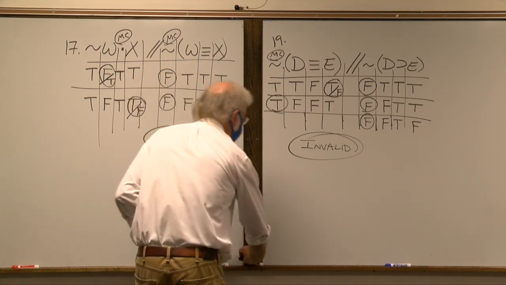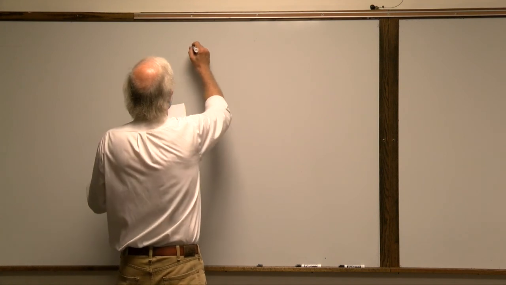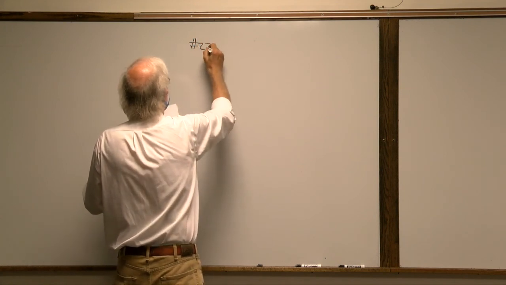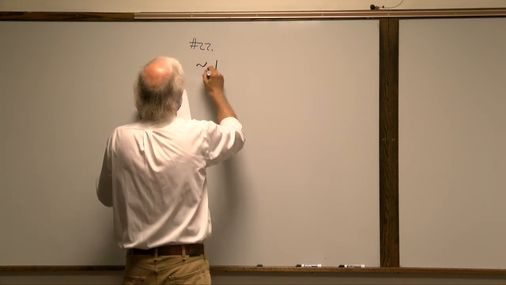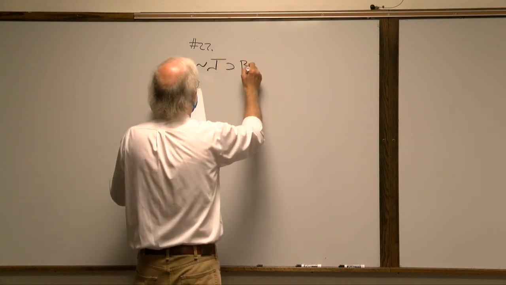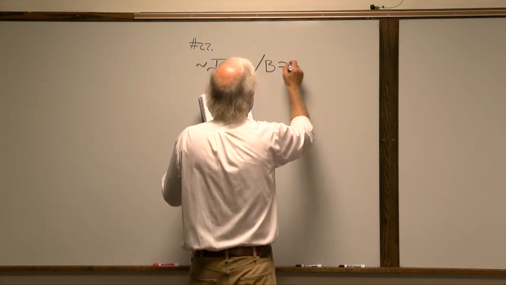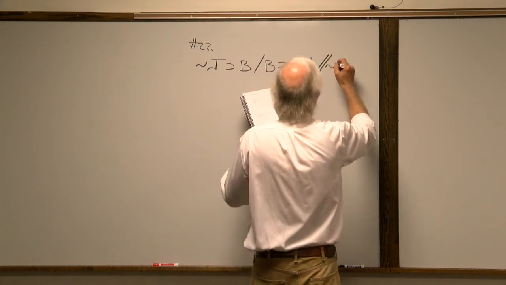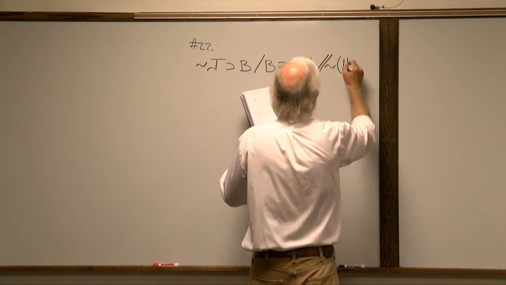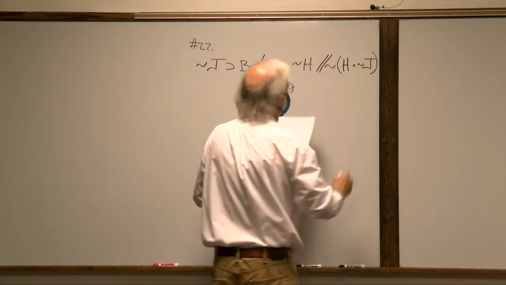This one's sort of fun. What we have in 22 are 2 premises: not J implies B; if B, then not H. And the conclusion is not both H and not J.